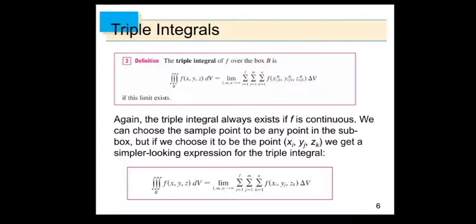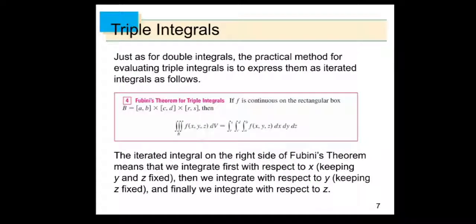It can be any point, but if we choose it to be the point x_i, y_j, and z_k, we get a simpler looking expression for the triple integral, and that would be something like this, where the triple integral over B of f of x comma y comma z dV is equal to the limit where l, m, n approach infinity, and then we can have our summation of f of x_i, y_j, z_k with delta V. So this is going to be our equation for the triple integral.